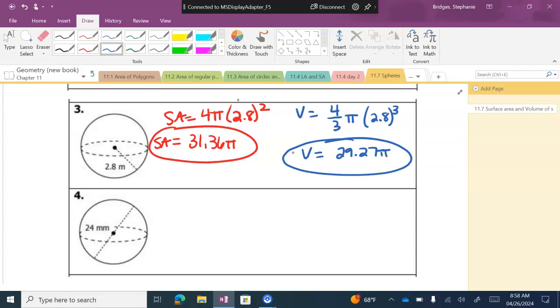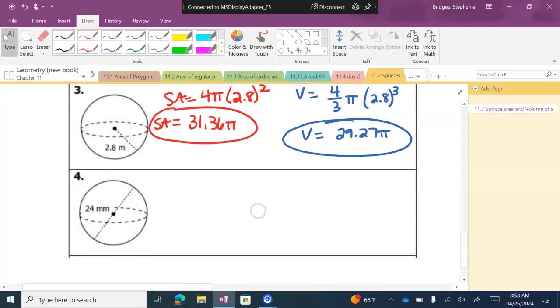All right. And then number 4, what did I give you? The radius or the diameter? Diameter. So let's find the radius first. The radius is how much of that? It's half. Okay, so now finish it. Find your surface area. Find your volume. It's exactly the same thing as what you just did.